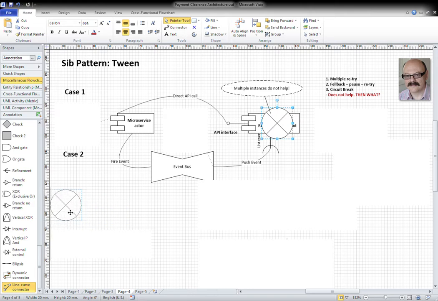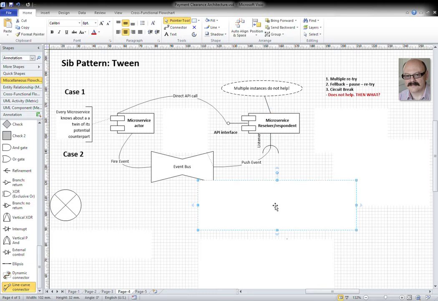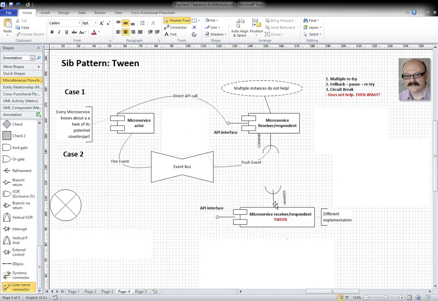This is exactly the case where the Sib pattern can help. And that help is based on the fact that every microservice in the pattern-implemented solution knows that every other microservice has its twin.